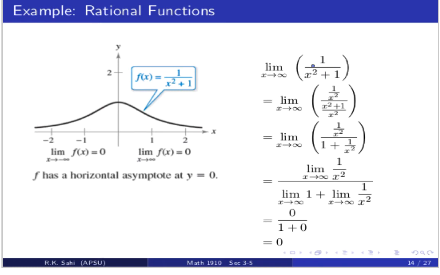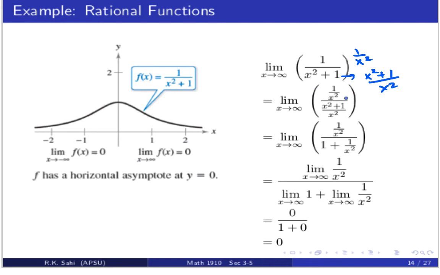But remember, if you have a polynomial over a polynomial, that means you have a rational function. You look at the degree of the denominator polynomial. That's a 2. So you're going to divide 1 by x squared. Similarly, you will divide x squared plus 1 by x squared. That's the theory we do.